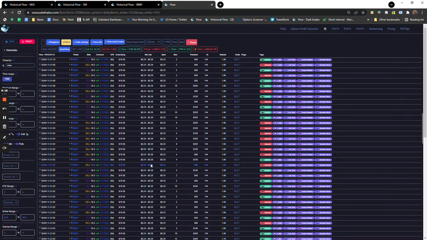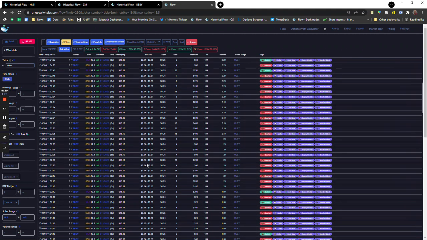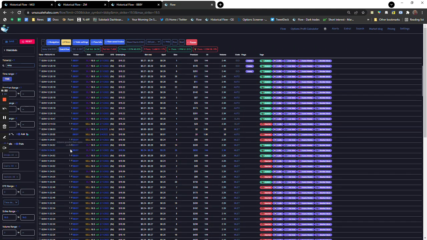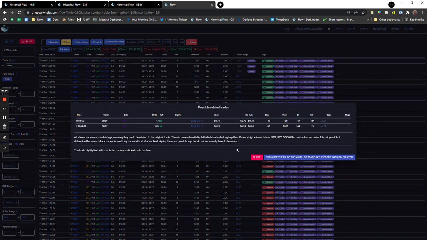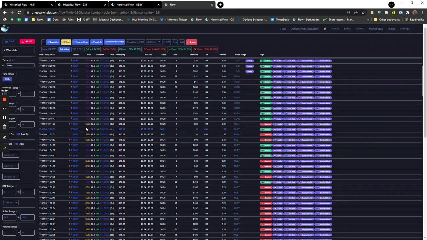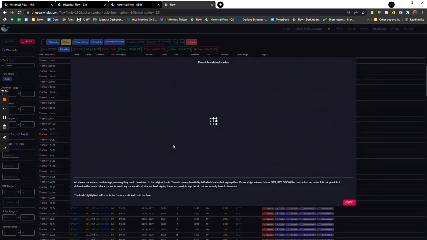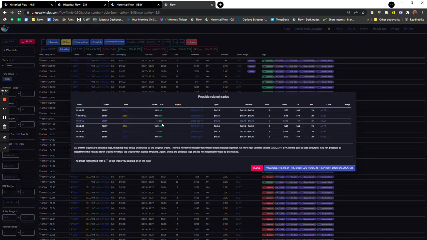So you see it's bullish, bullish, bullish, but then if you check the sells, it's actually part of a vertical call spread. So you see here that the 19.5 call sell, 17 bought, sold 19.5, 17 bought, and then they bought these two 19.5s. So what does that mean? That means that the person was actually bullish and that these sells are part of a bullish order.